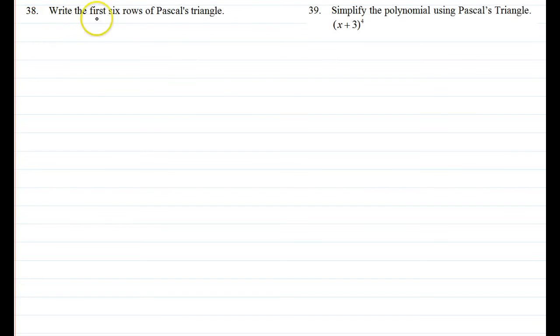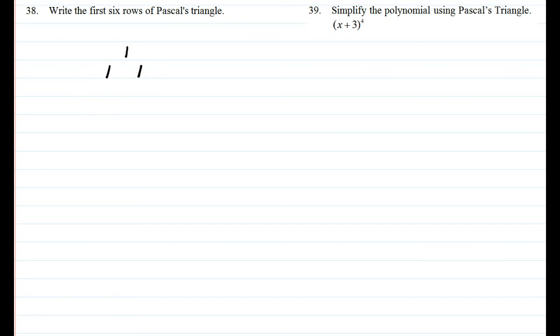All right, for 38, write the first 6 rows of Pascal's triangle. So we start with 1, and then we expand out. And so you really just need to memorize that the outer edges of the triangle are always 1, and that the inside numbers come from the prior top 2 numbers.